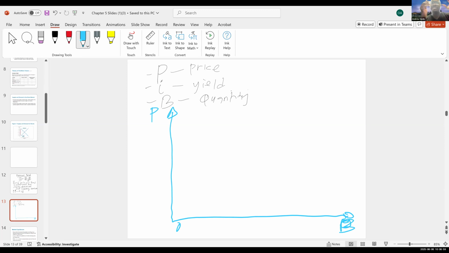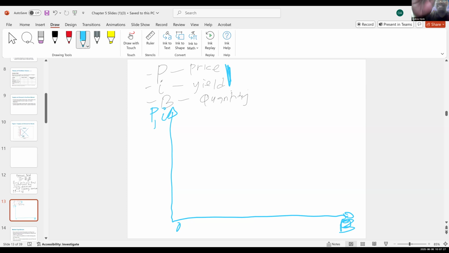Because there are three variables to represent, it's not possible unless I drew a 3D diagram with X, Y, Z axes. But we don't need to, because the first two variables are jointly determined. Bond price and bond interest rate are determined together, but move in opposite directions. We are going to read both price and interest rate on this axis. It's a little bit technical.